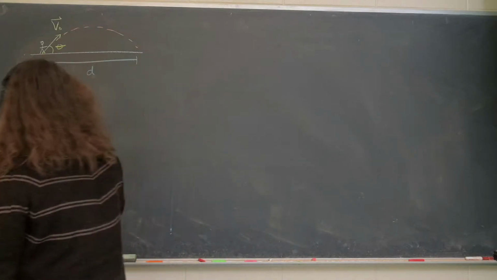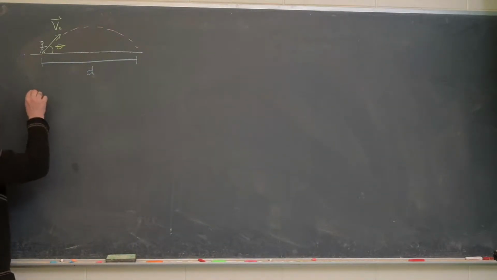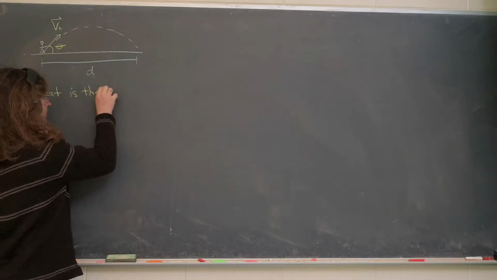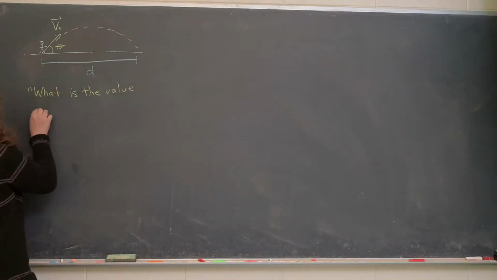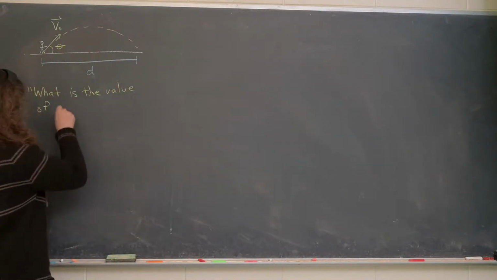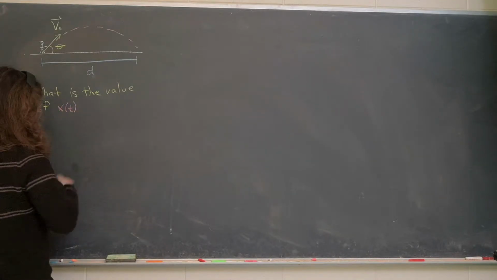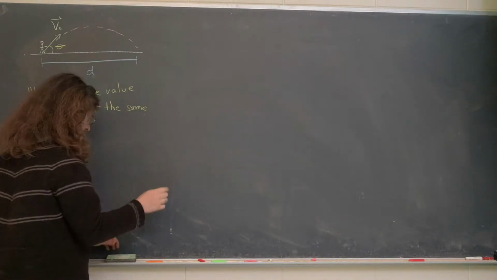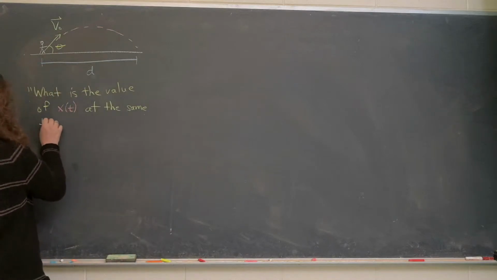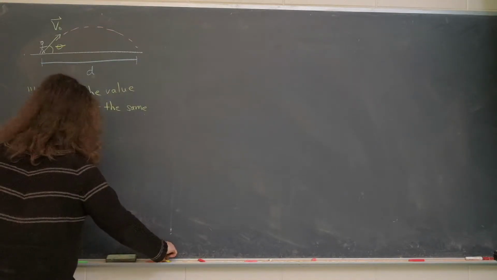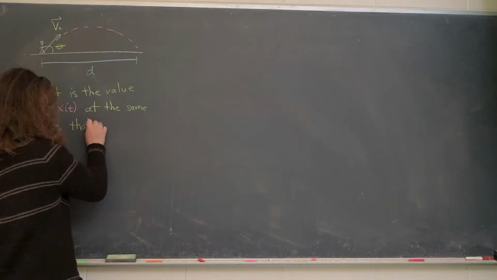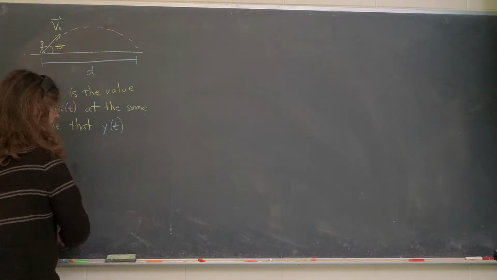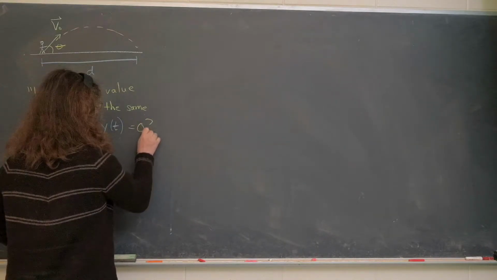The question I'm going to be answering the whole time is: what is the value of x of t at the same time that y of t equals 0?